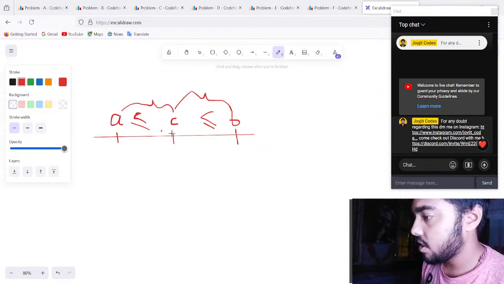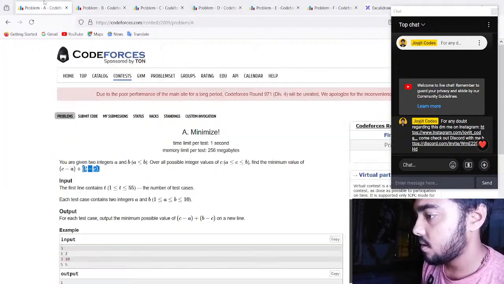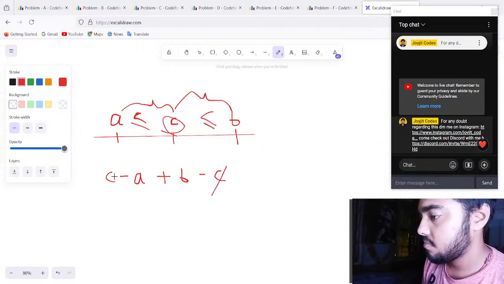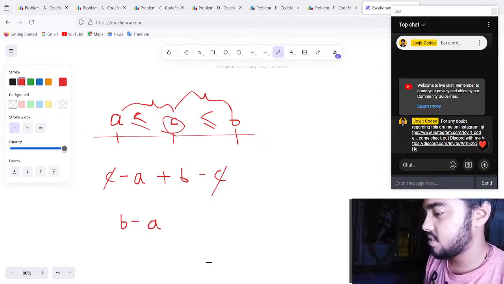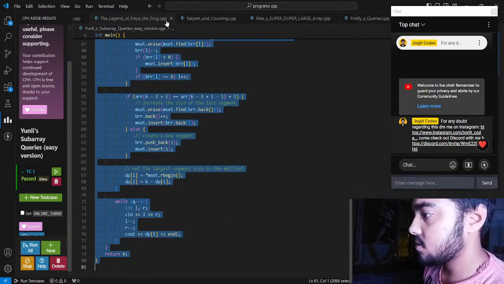So no matter the value of C, C minus A plus B minus C, the C and C cancel out. It is basically B minus A. This was very simple.